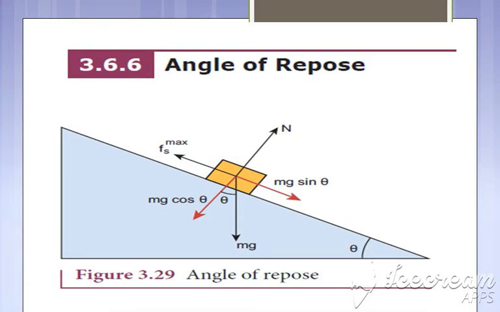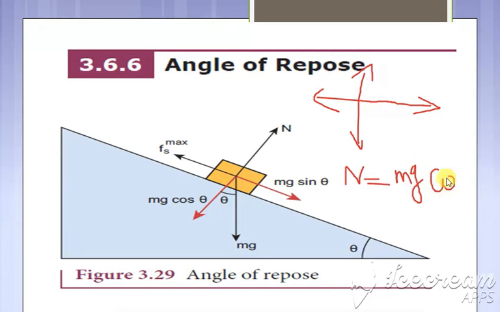That will be in the next paragraphs. Next, we consider the y axis as well as the x axis. The equations you will write: first, along the y axis, N is equal to mg cos theta, because both are equal.